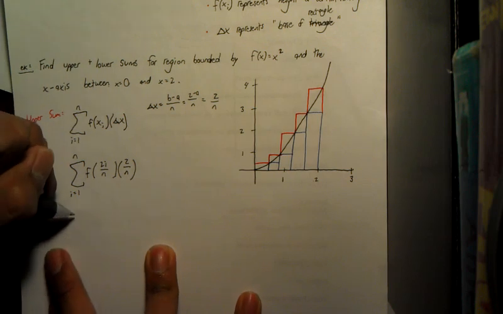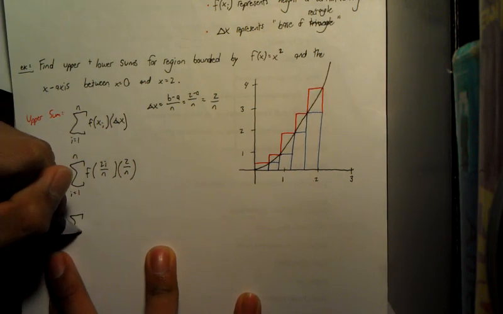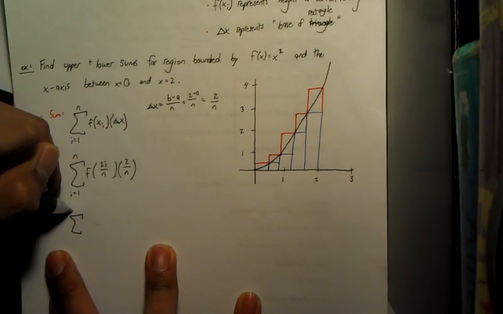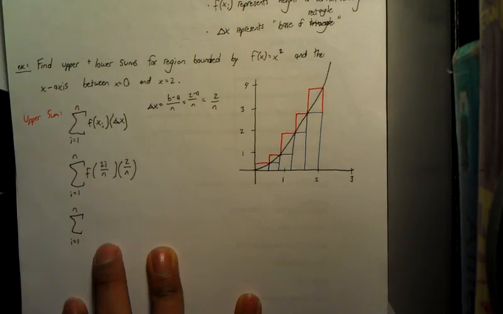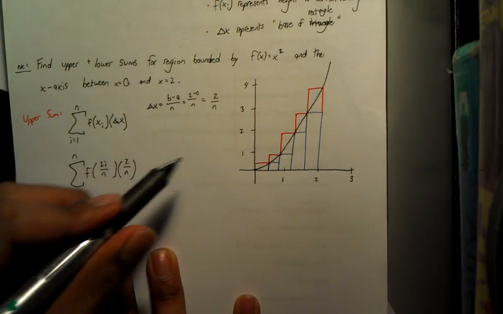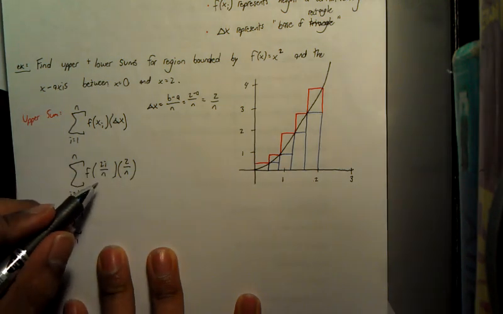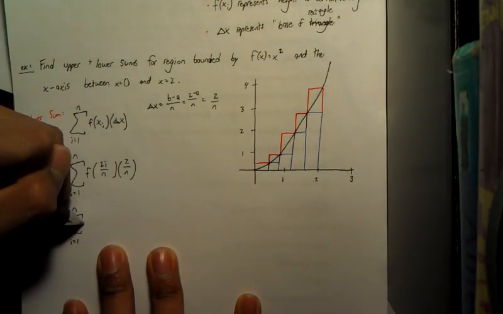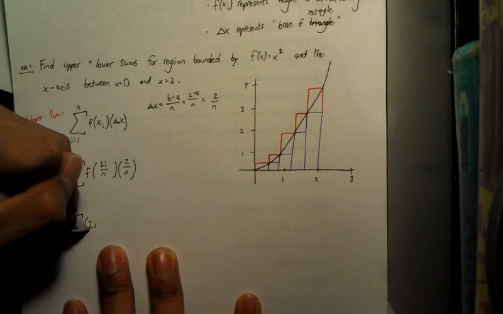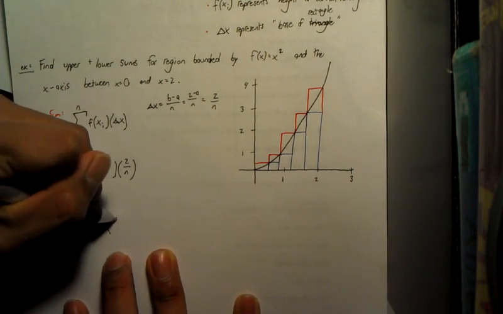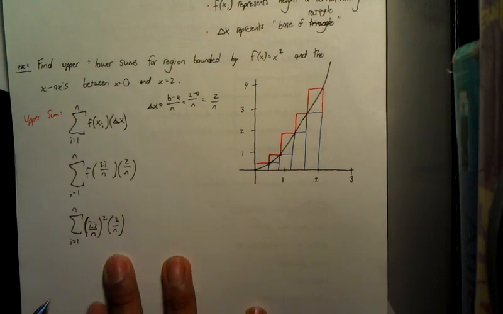And so now that we have that, if we plug this back into our original f of x, f of 2i over n is going to equal 2i over n squared times 2 over n.